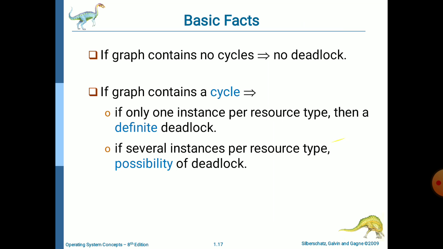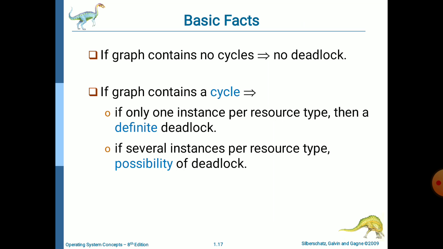Then what is the condition for deadlock? If the graph contains no cycles, then there is no deadlock at all. If there occurs a cycle, there are two conditions. One is if there is only one instance per resource type, then there is a definite deadlock. That means if all resources have only one instance and a cycle occurs, then definitely there will be a deadlock.